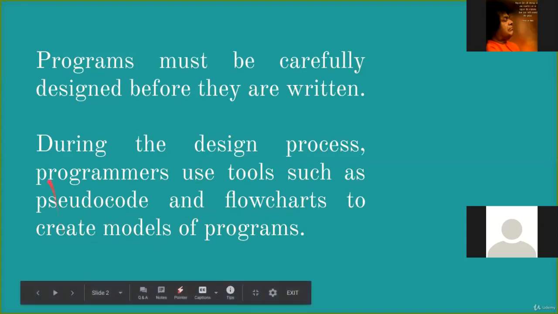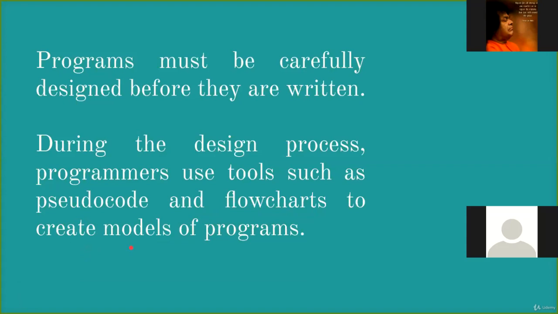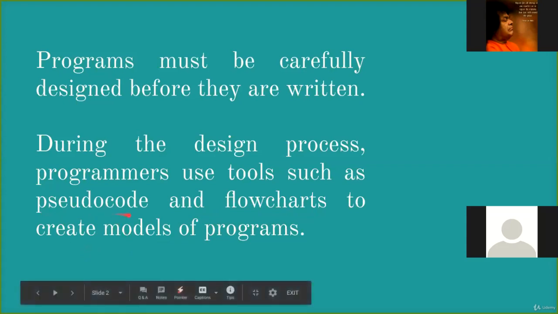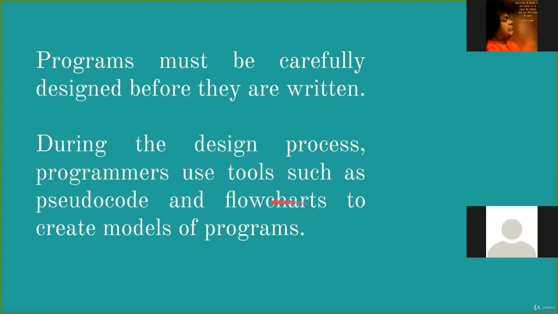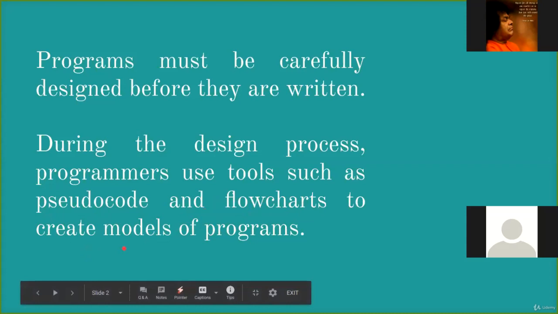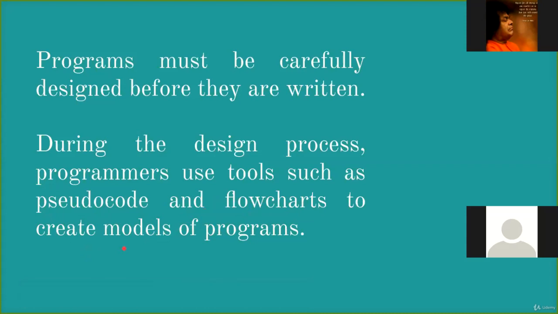Now I have just stated three words: pseudocode, flowchart, and an algorithm. You might not understand at this point what these terms mean, but by the end of the lecture, I'm sure you will be able to create a pseudocode, a flowchart, and a model and understand the difference between them.